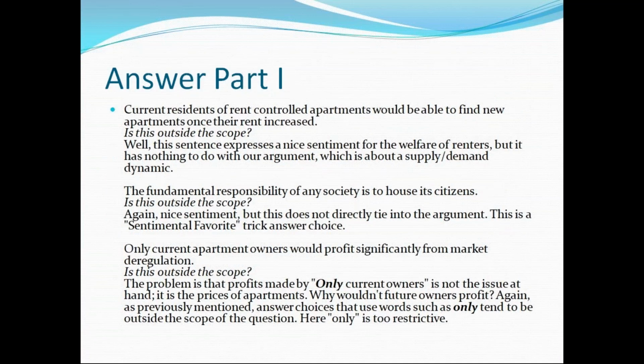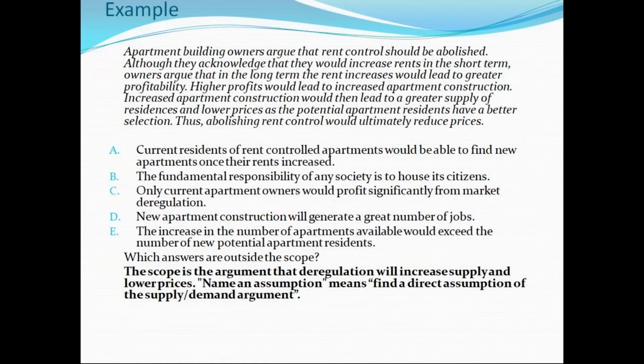So if we move on, A: current residents of rent-controlled apartments will be able to find new apartments once their rent increases. Is this out of scope? Well, there's nothing about that in the stem. This is the stem here.